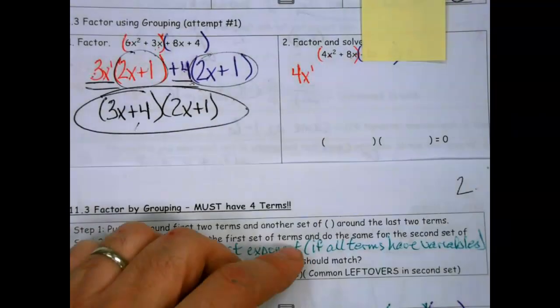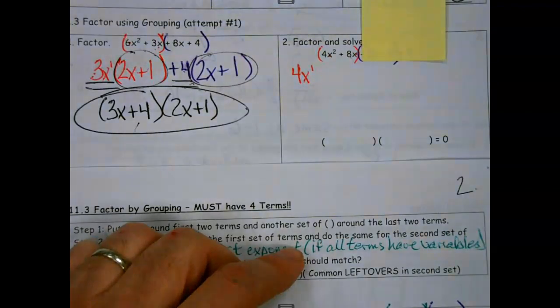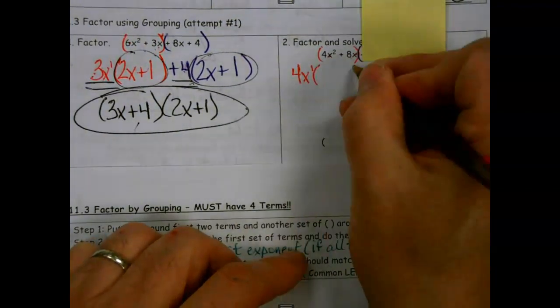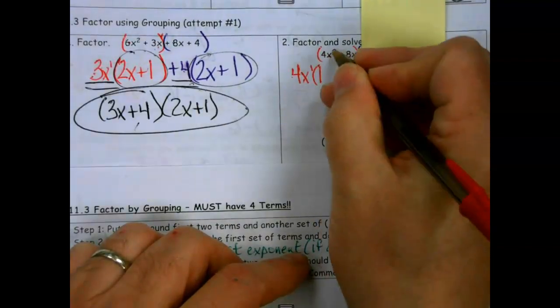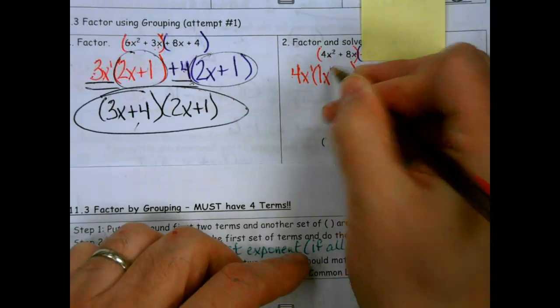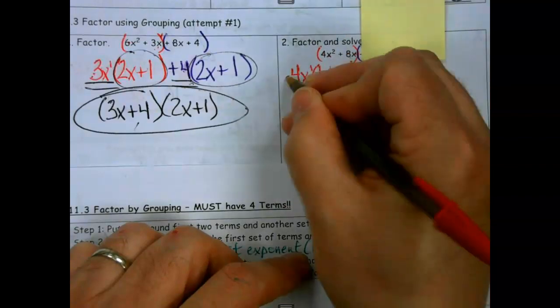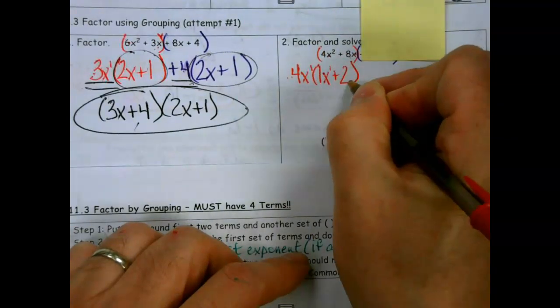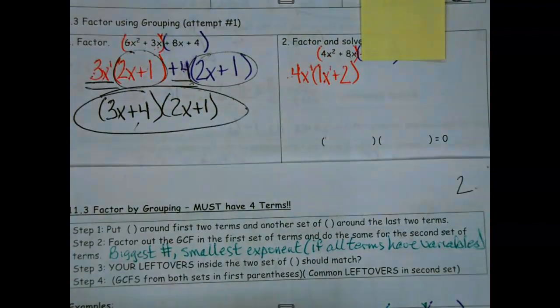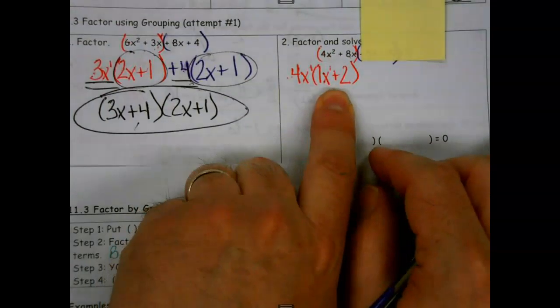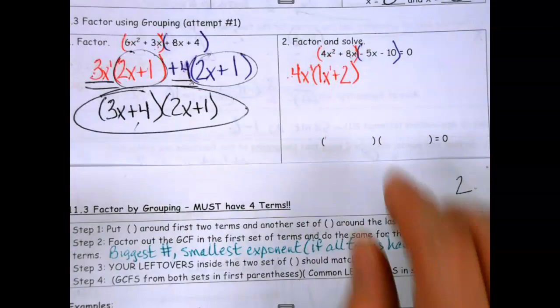I can take an x, divide the bigs, subtract the littles. Divide the bigs, subtract the littles. So I got my clue. x plus 2, or 1x plus 2, is the clue.